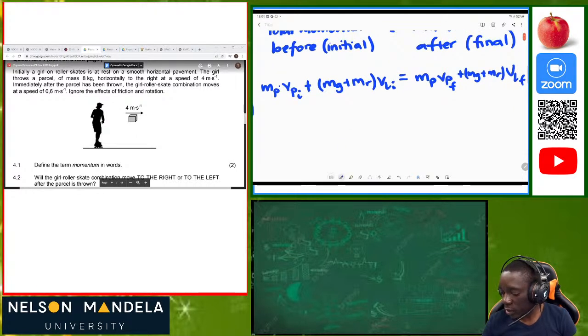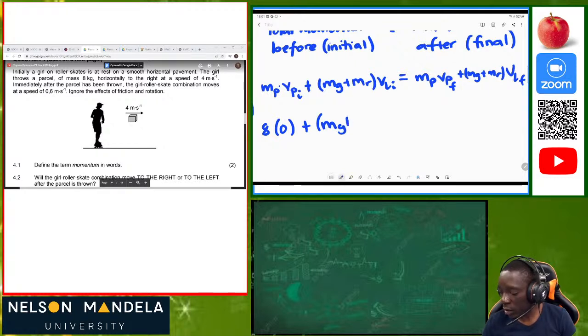So the mass of the parcel, 8 kg, times velocity, plus the mass of the girl. Sorry, initially the velocity is 0 when the girl is still holding the parcel.